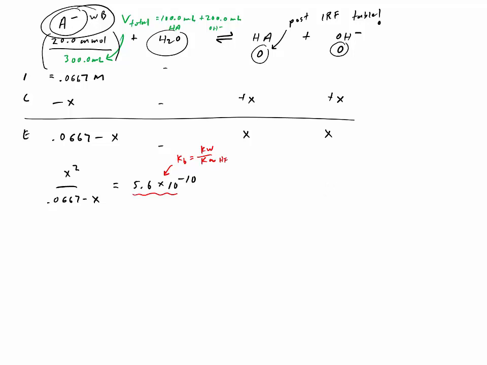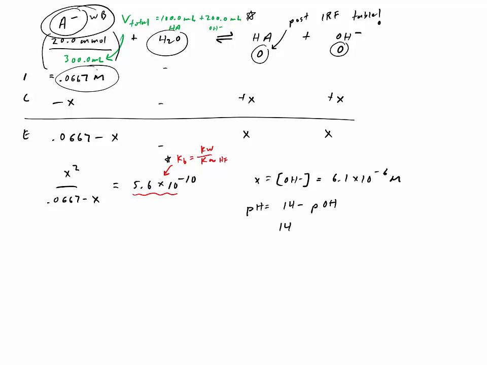Okay, so there's a couple little things. You have to make sure this is in molarity, so you have to account for the total volume, and you need to convert to KB. If we solve for x here, we get that OH is 6.1 times 10 to the negative 6 molar. So our pH would be equal to 14 minus the pOH.